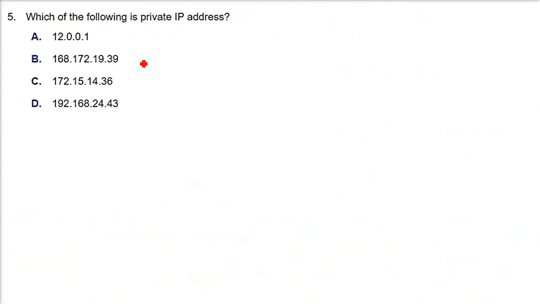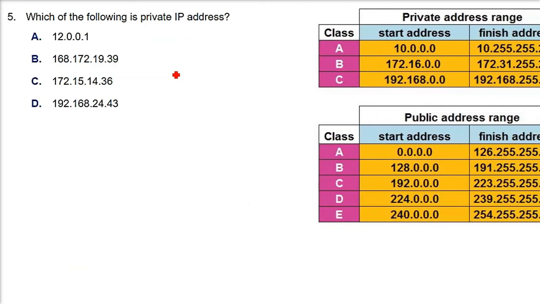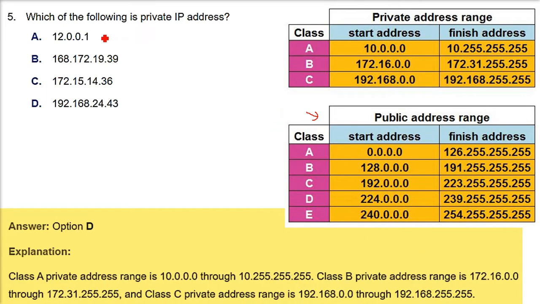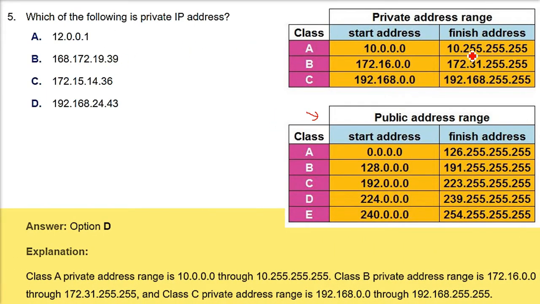Which of the following is a private IP address? So you see here the list of public address ranges and the private address ranges. The private ranges have a start address and a finish address. If you see the Class A private address, it ranges from 10.0.0.0 to 10.255.255.255.